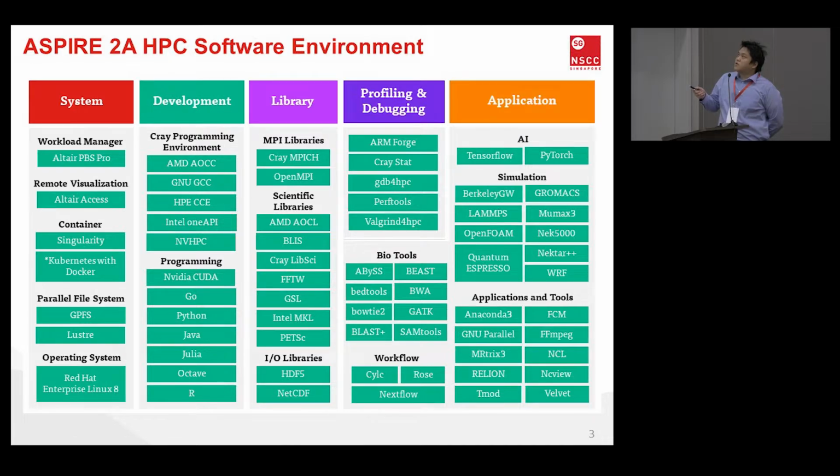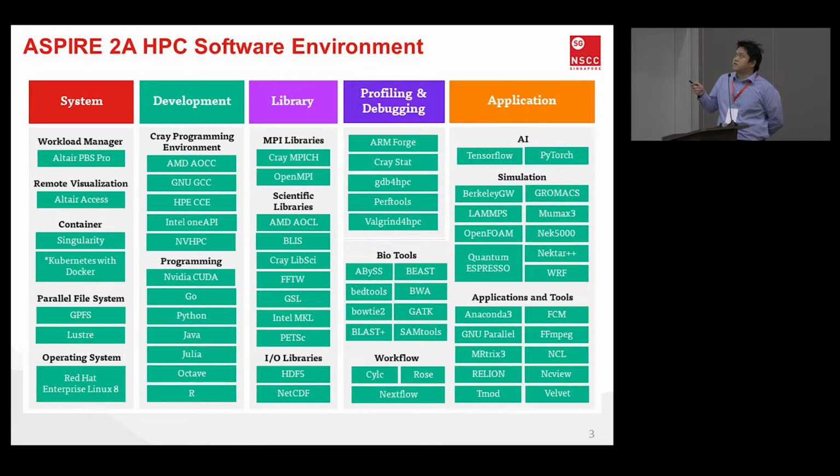Okay. So we have CUDA, Go, Python, Java, Julia, Octave, R, if you want to do some programming in these languages. For MPI, we have the Cray MPICH and also partly support OpenMPI as of now. I will show the details later on.